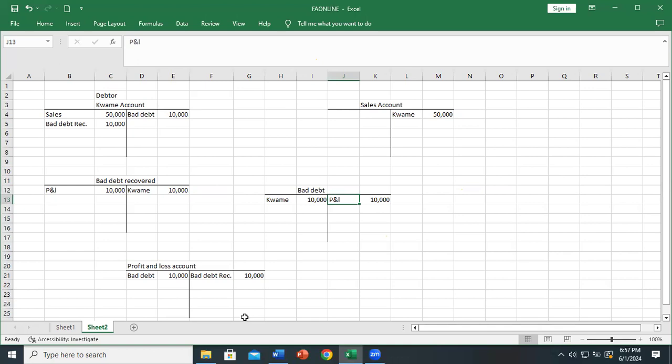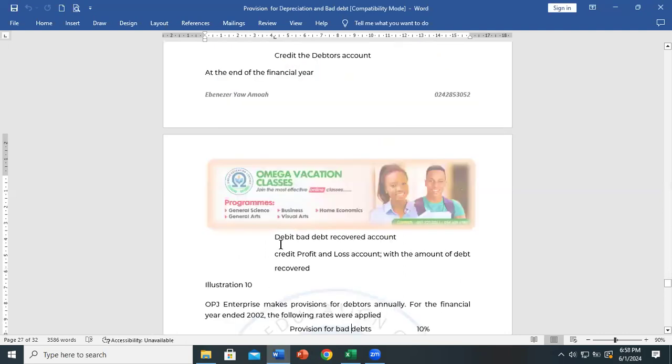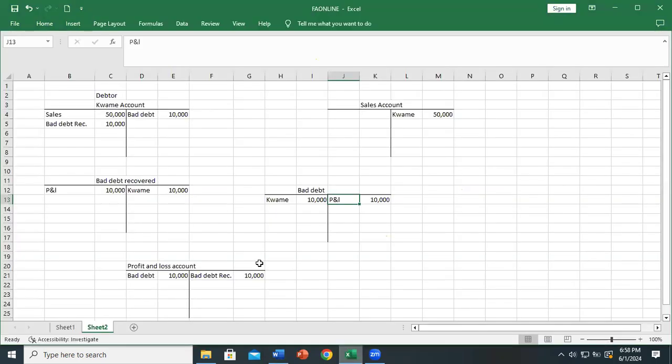However, again, at the end of the year, you have to move this bad debt recovered to your profit and loss account. So as you see in the note here, when bad debt is recovered, you debit the debtor and you credit bad debt recovered. At the end of the year, you debit bad debt recovered and you credit profit and loss account, as I demonstrated on the Excel sheet.